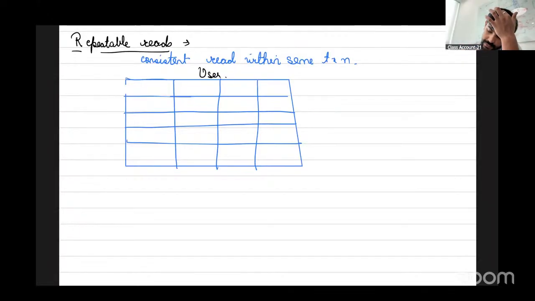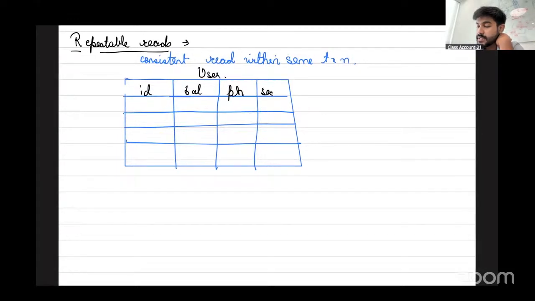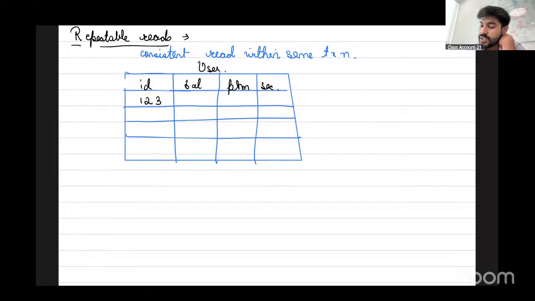The very first column is the ID, then the balance, the phone number, and the section. Let's say ID 123 has a balance of 23 rupees, its phone number is whatever, and his section is B. Then ID 121 has a balance of 50 rupees, phone number is this and section is A.